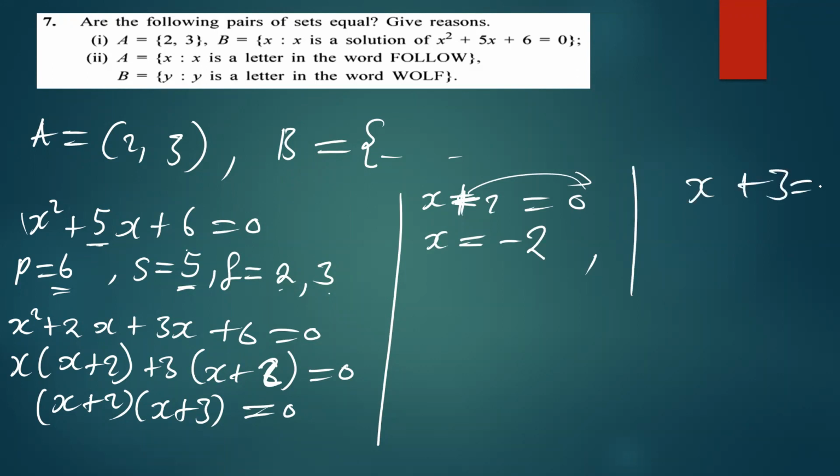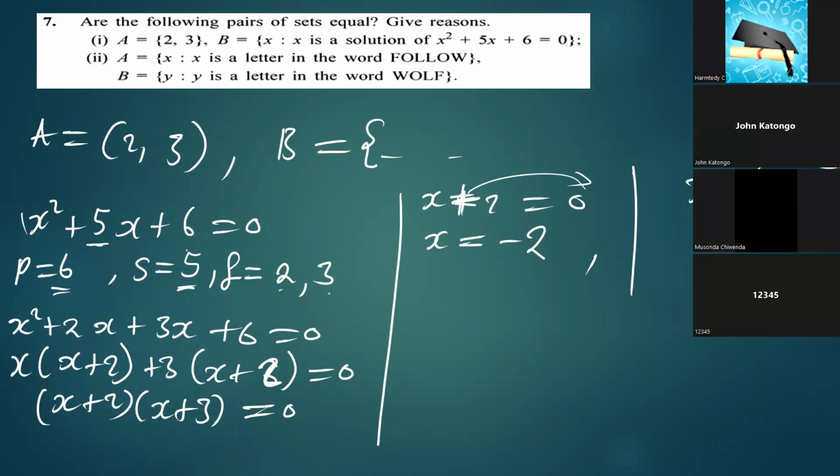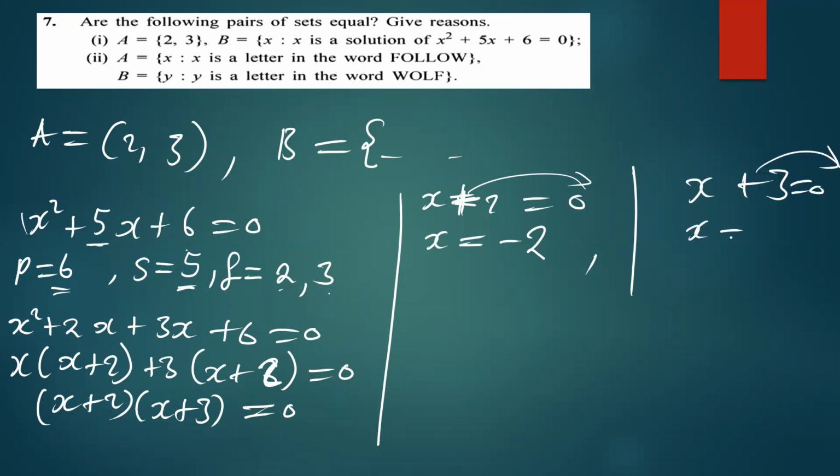When this crosses the equal sign and goes that side, we have x being equal to -3. So the set here that we have will be -3, -2. So these are the two sets that we have.